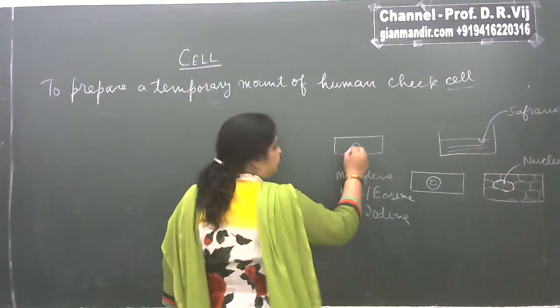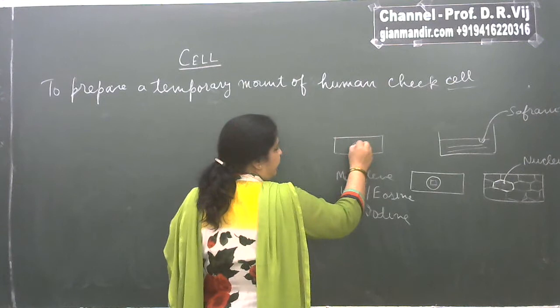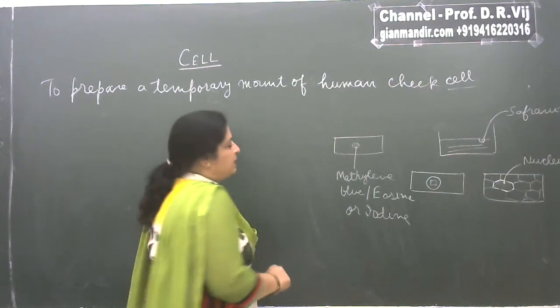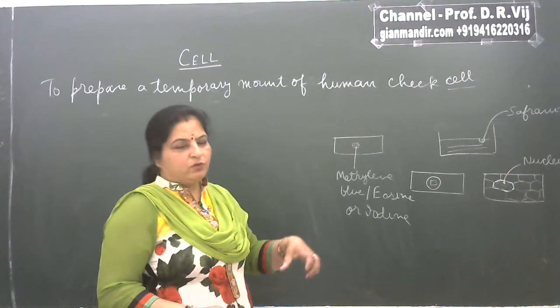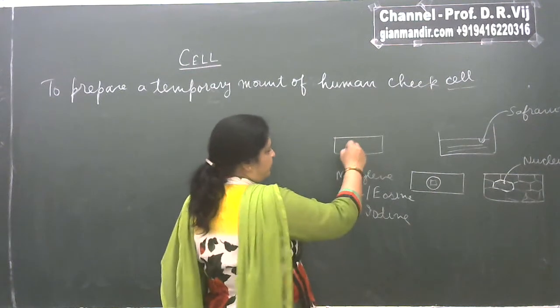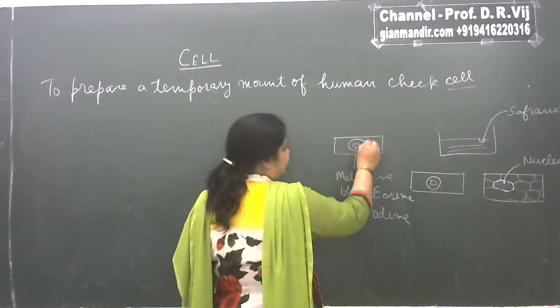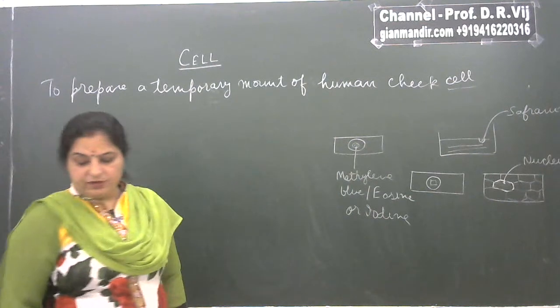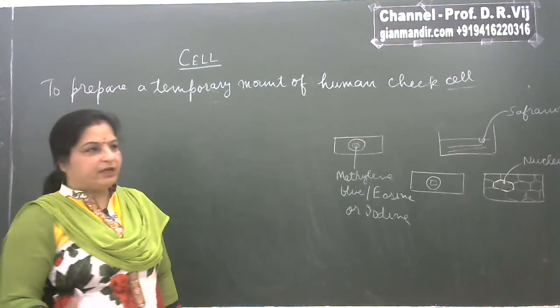Then the extra stain you remove with the help of some tissue paper very carefully, and put a drop of glycerine and put a cover slip over it, and then observe it under the microscope.